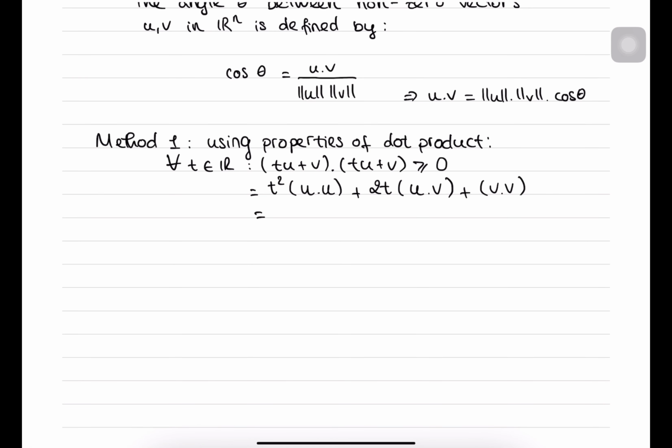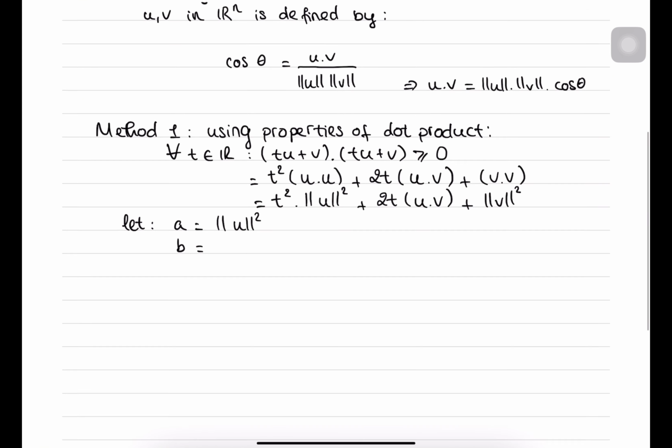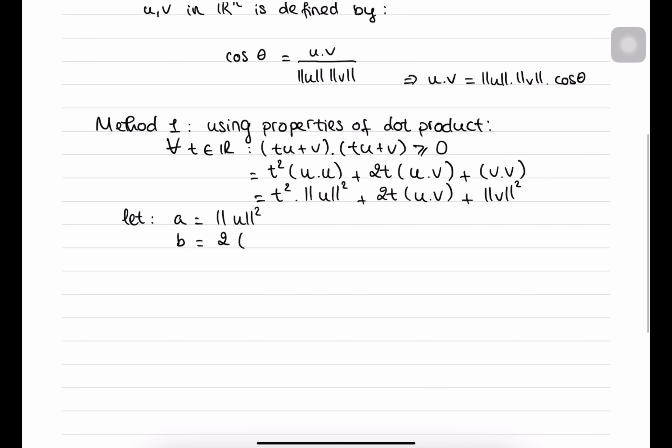This is going to be t squared multiply the norm of u squared plus 2t multiply uv plus the norm of v squared. Now I'm going to let a equals to the norm of u squared, b equals to 2 multiply uv, and c equals to the norm of v squared.